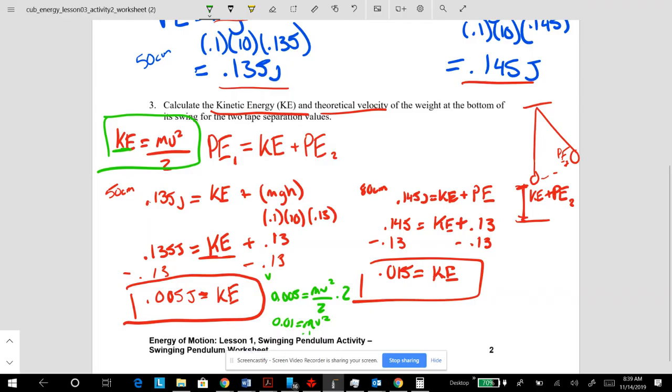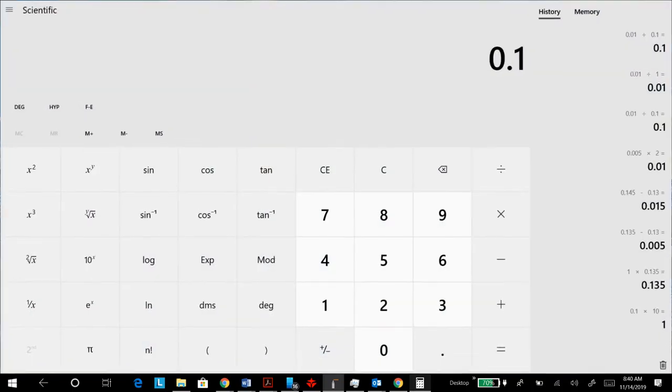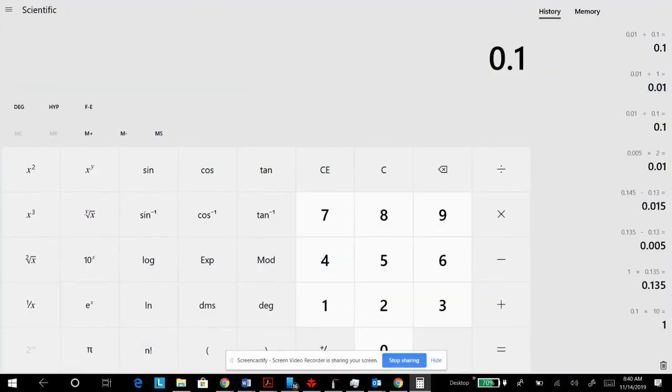So it should be 0.1 equals v squared. So now all I have to do is take the square root.